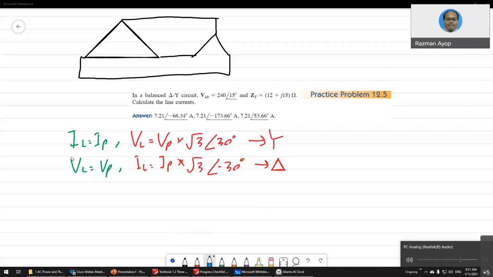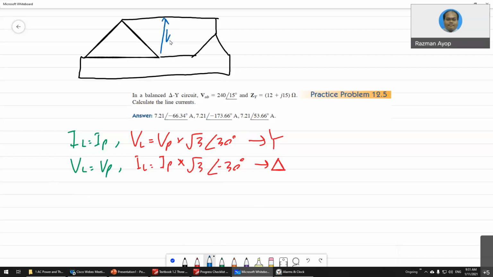They give VAB here, line voltage. VAB is equal to 240 angle 15.